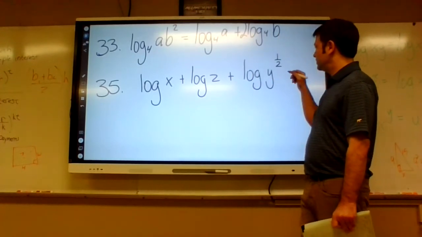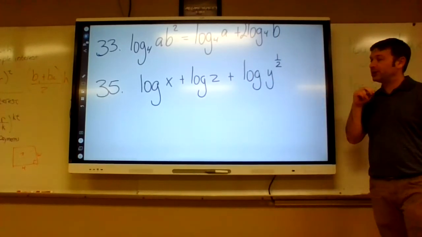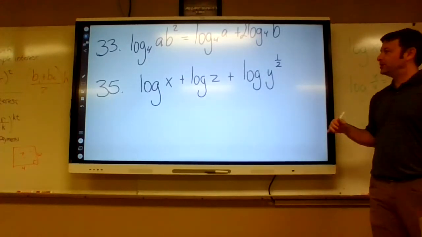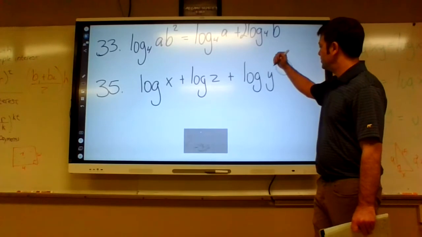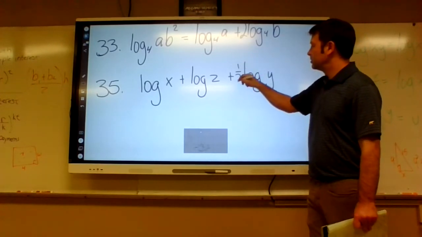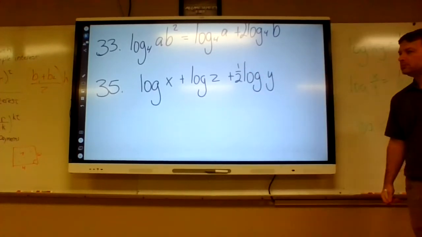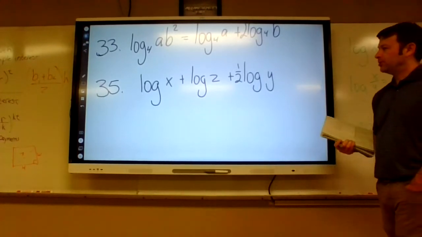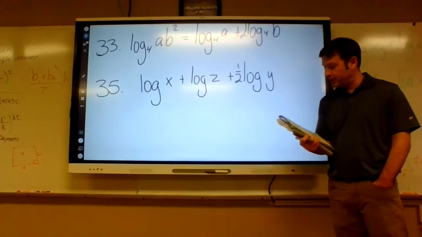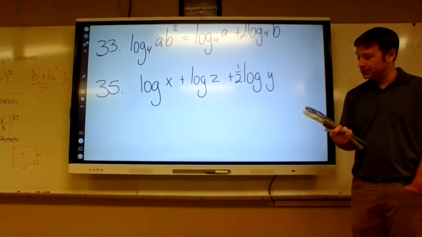Yeah. Square root's like the 1/2 power. And what am I going to do with 1/2? Move it to the front. So all those are multiplied together, so just add them all. Square root of y became y to the 1/2. 1/2 moves to the front.